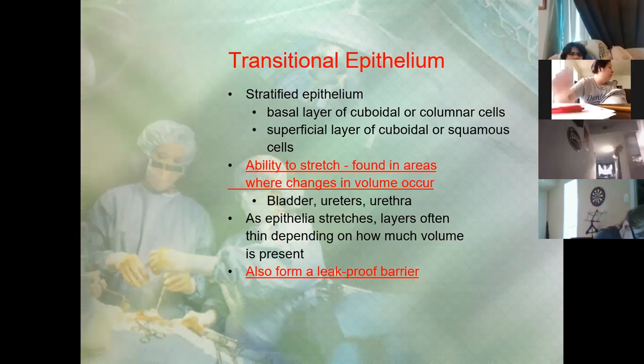Think of an empty balloon, a balloon with no air in it. The rubber walls are pretty thick, and then you start blowing it up. And what happens to the balloon walls as you blow it up, blow it up, blow it up? They get much thinner. That's exactly what's happening here in your bladder, except it's the cells that are changing their shape and becoming flatter and bigger that give the bladder the ability to stretch.